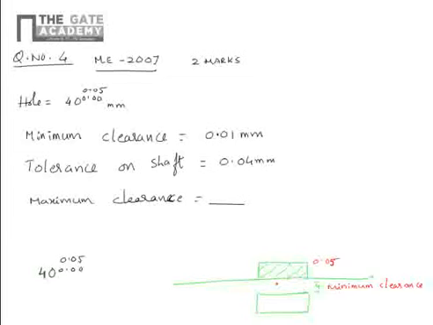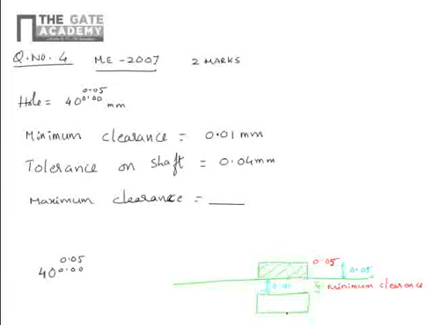How much is that? Minimum clearance is 0.01. So that value is 0.01 and this value is 0.05, the distance from basic size.